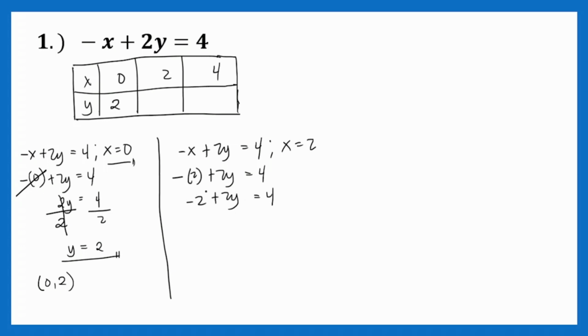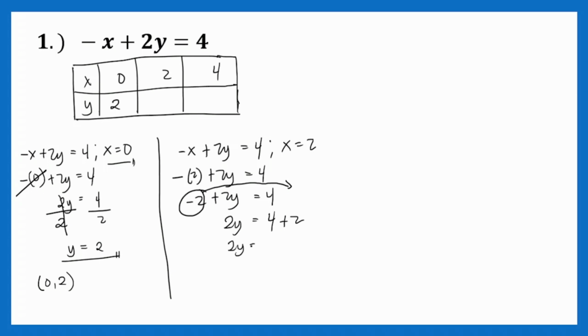Now, what will you do sa negative 2? Ililipat natin. At kapag lumipat siya, mag-change yan ng sign kasi dumaan siya sa equal. So, magiging siyang plus 2 sa kabila. Pero anong natira sa left side? 2y, di ba? So, natira ay 2y is equal to 4 plus 2. Okay, what is 4 plus 2? 6.